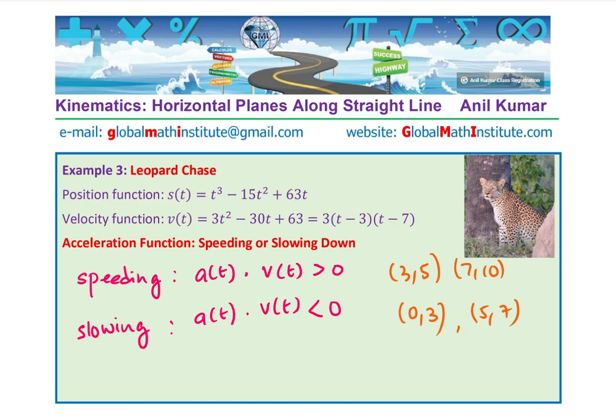So that is how you can summarize after you find that the acceleration was given to us as 6t minus 30, which was 6 times (t minus 5), correct? Using these three functions, you have understood displacement, velocity, and acceleration functions as well as their graphs and how they are related.